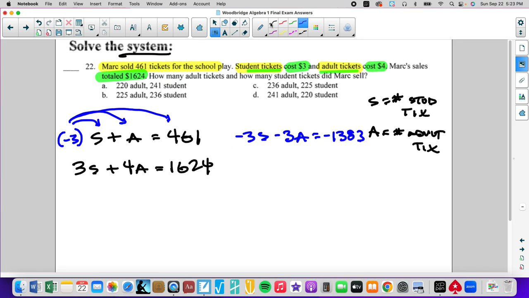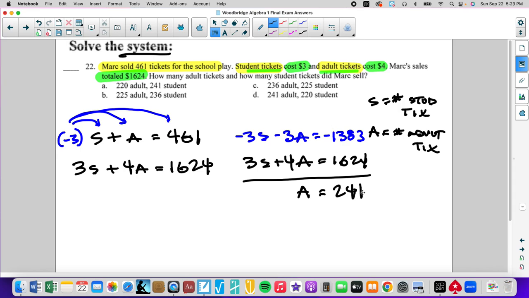And then I just bring this equation over, which is 3s plus 4a equals 1,624. And now I'm going to add them. These cancel. This leaves me with A, and this leaves me with 241. So I know that I have 241 adult tickets.